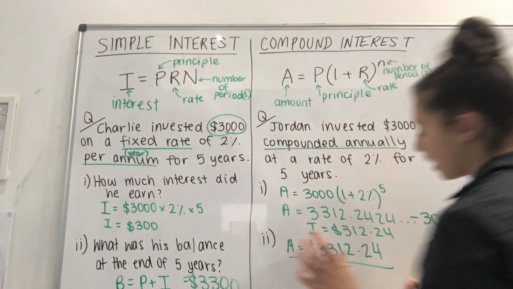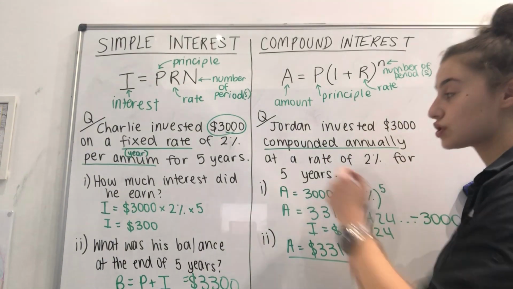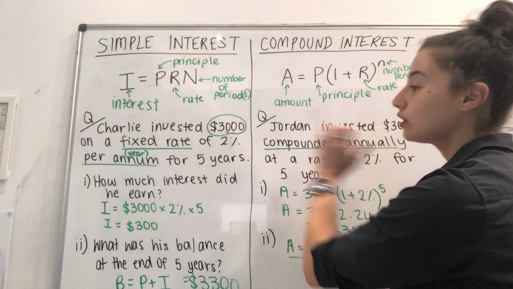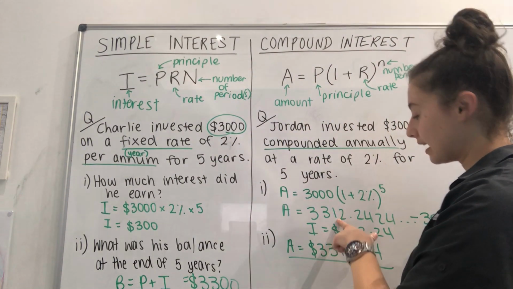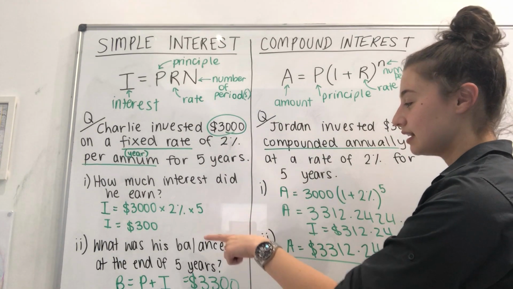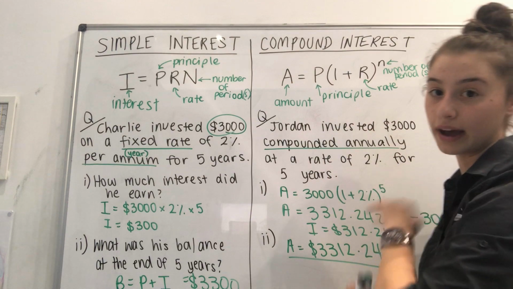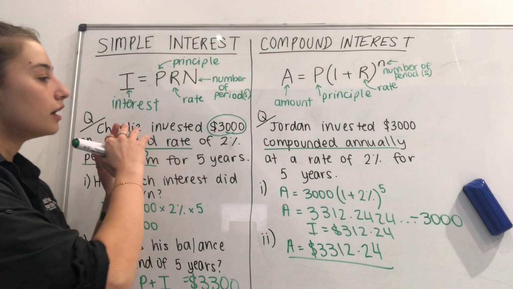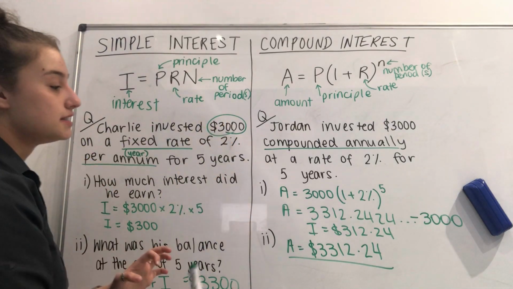So just by a comparison, if you were asked who was a smarter investor, okay, you would say that Jordan's a smarter investor because he ended up getting $12.24 more than Charlie did by investing into a compound interest account. Alrighty?